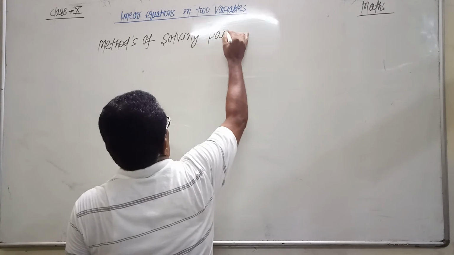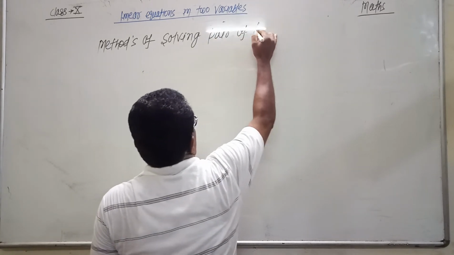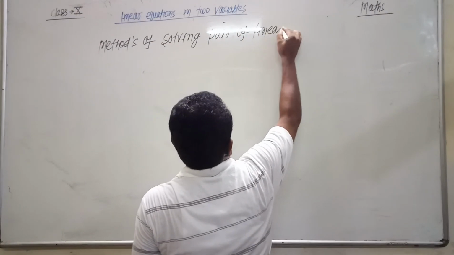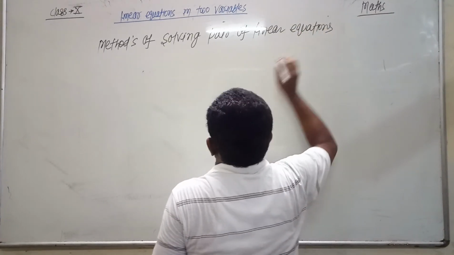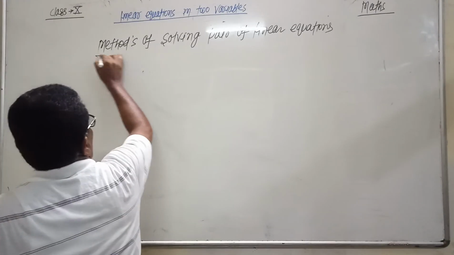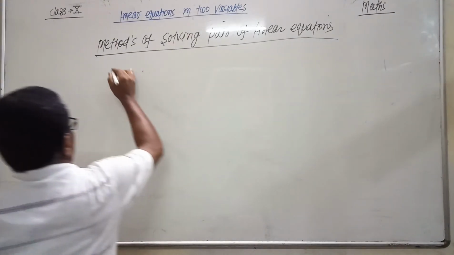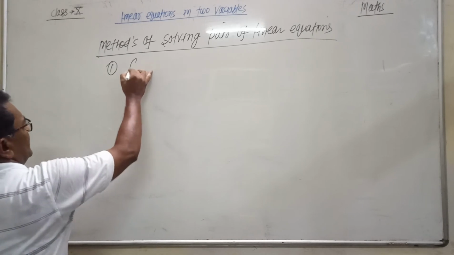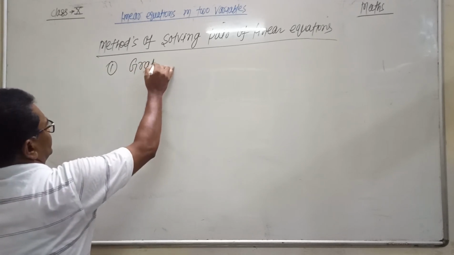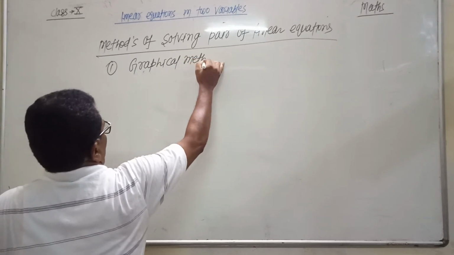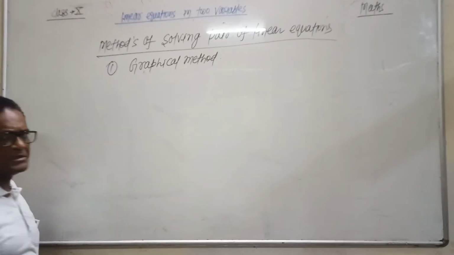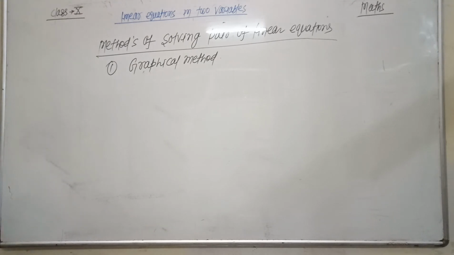The first method is the graphical method. We will solve the pair of linear equations by the graphical method, by drawing the graph.